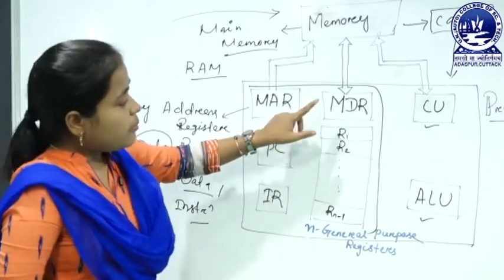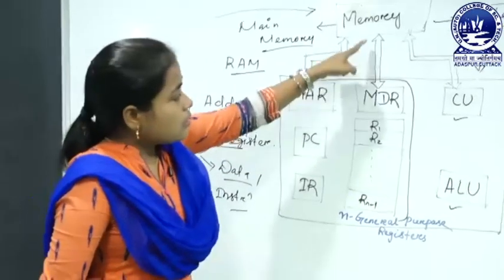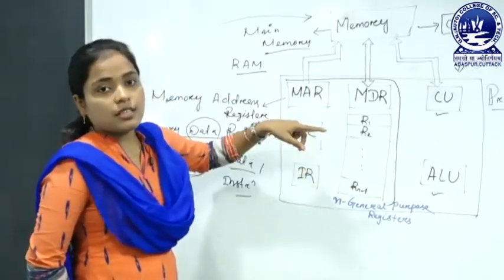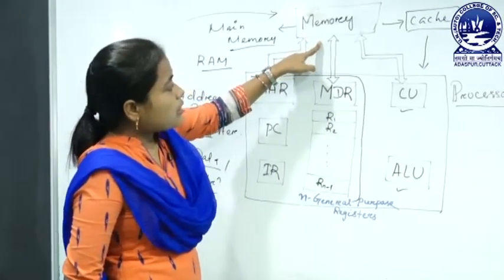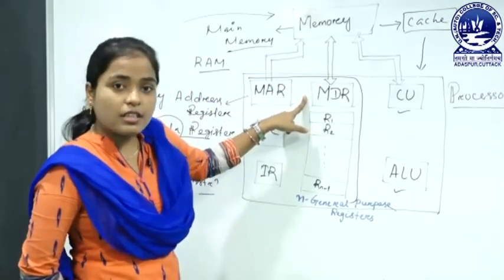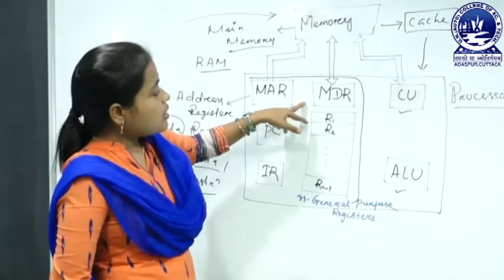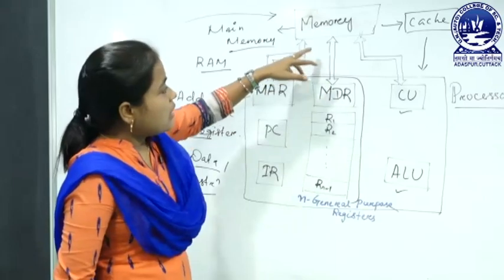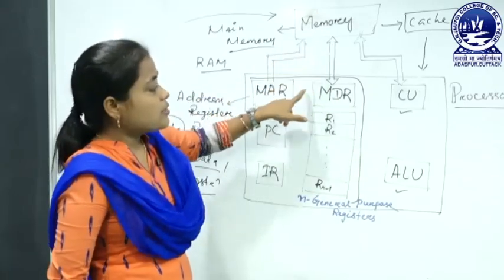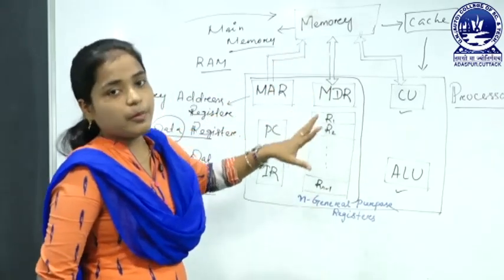In the case of the memory data register, the buses are bidirectional. That means the memory can transfer data to the memory data register, or the memory data register can transfer data to the memory. If the memory transfers some data to the MDR, that is our read operation.